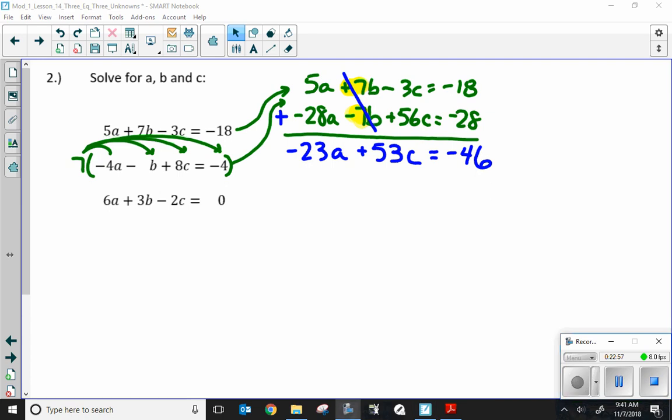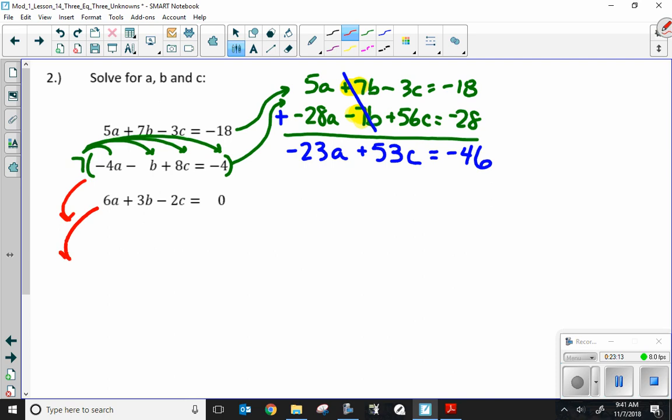All right. Now I could take the top equation and the bottom equation, or the middle equation and the bottom, which is what I'm going to do. Okay. I will rewrite the bottom, 6a plus 3b minus 2c equals 0.